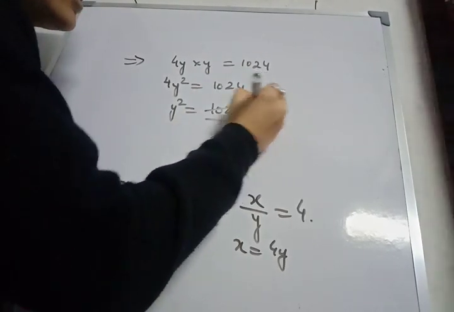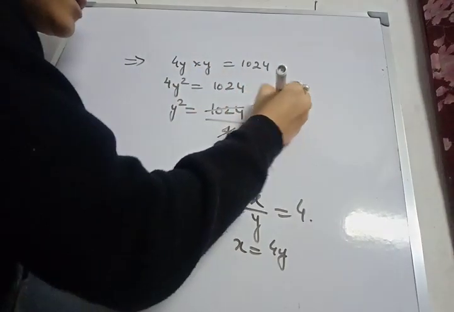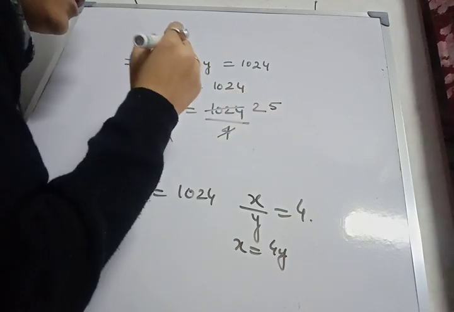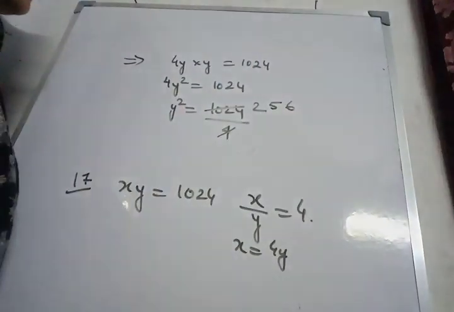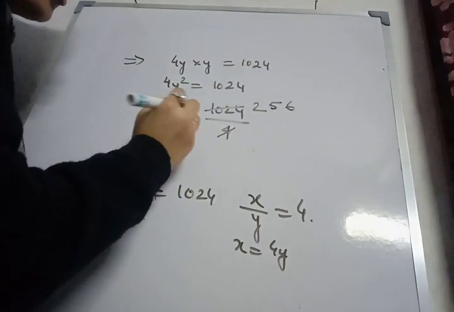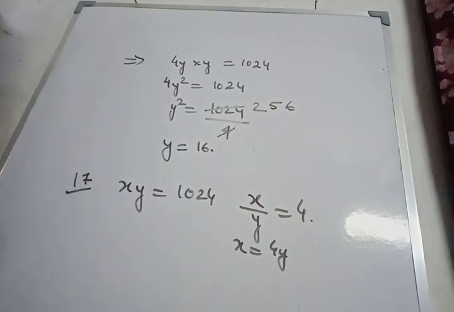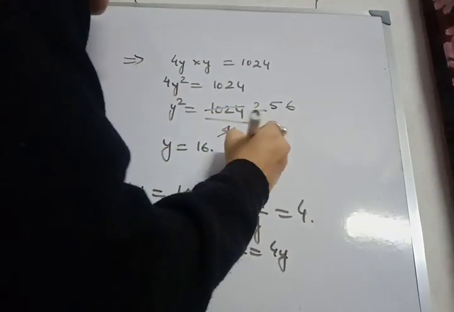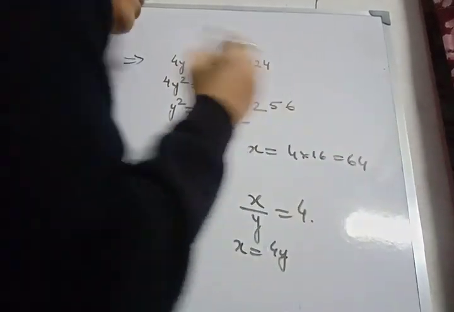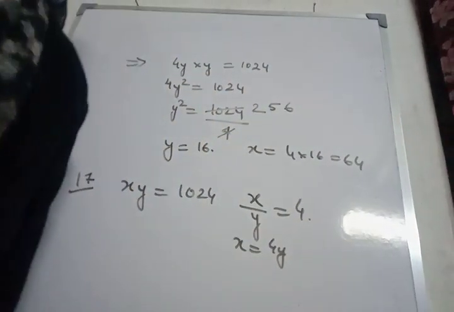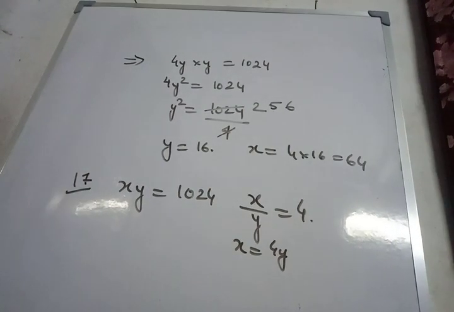So 4 6s are 24. Now y square equals 256. So y equals how much? 16. So if y equals 16, x equals 4y, so 4 into 16, that is 64. These are the two numbers, 16 and 64. Okay.